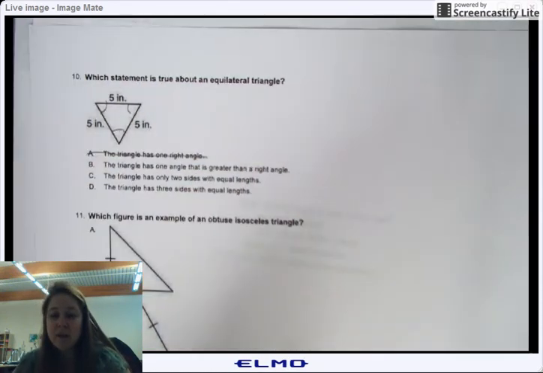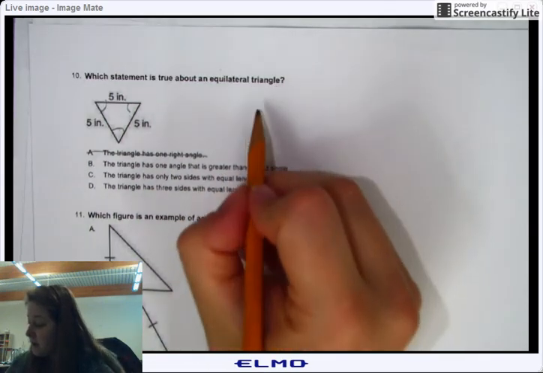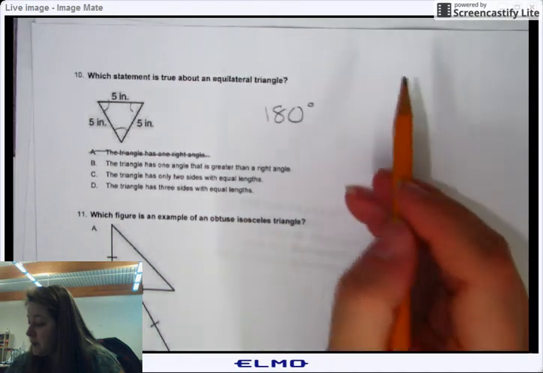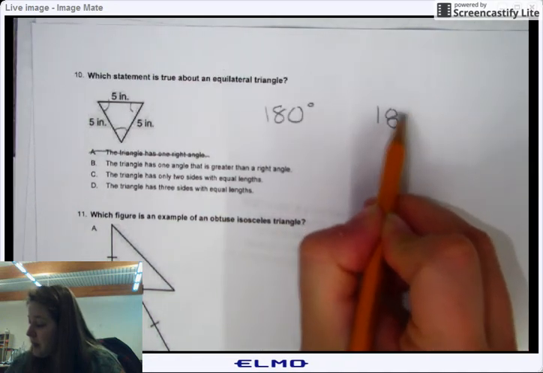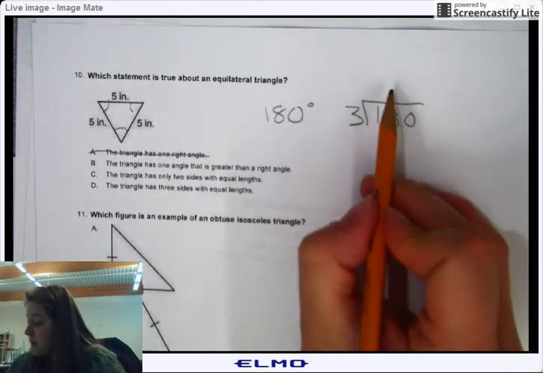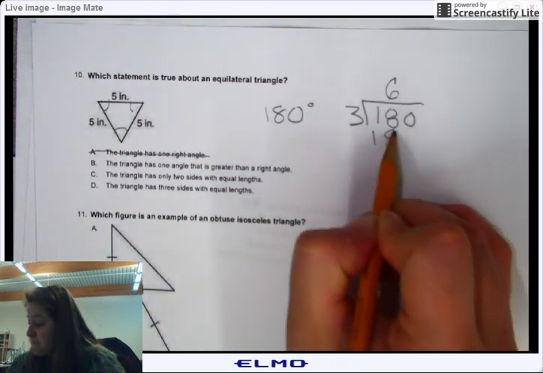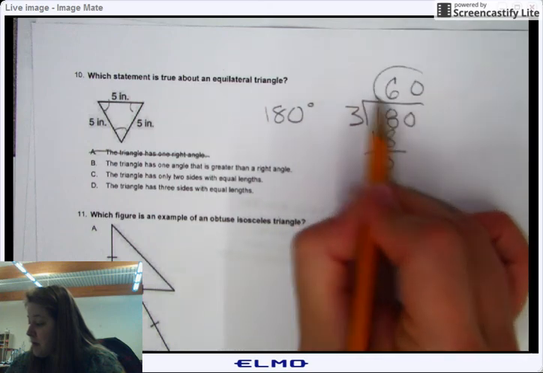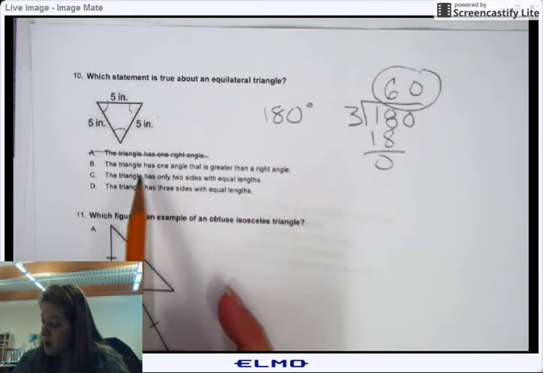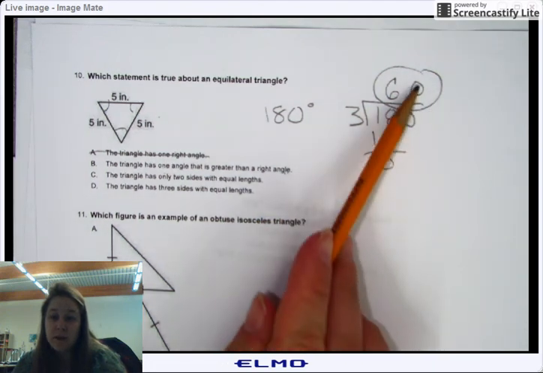How many degrees are in a triangle? 180, right? Well, if I'm taking 180 and I'm splitting it 3 ways because it's 3 equal angles, each angle equals 60 degrees. So does it have 1 angle greater than a right angle? No, they're all less.